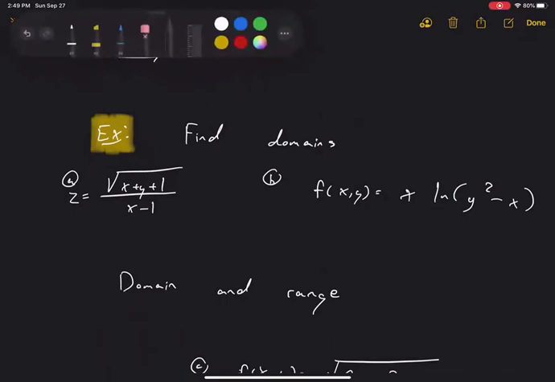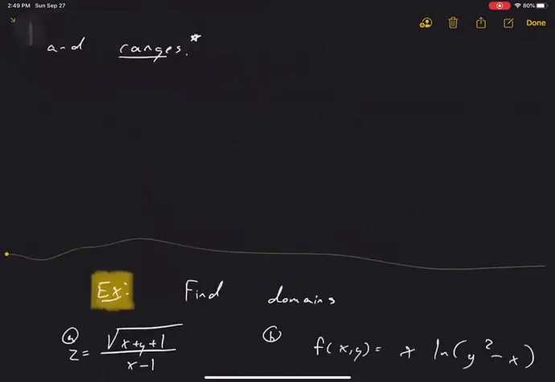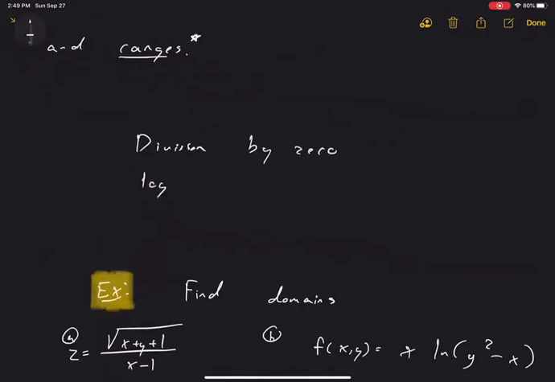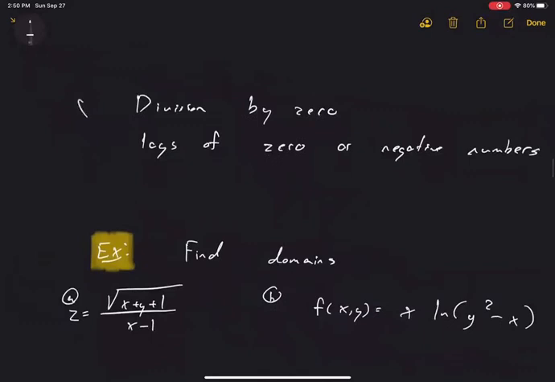Usually when we're talking about domain, we don't want division by 0, and we don't want logs of 0 or negative numbers. Those are usually the things we have to look out for.